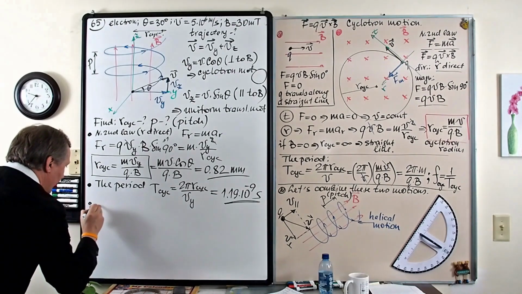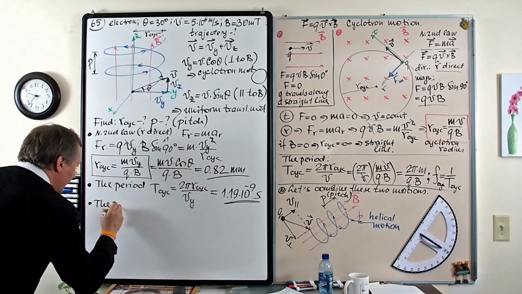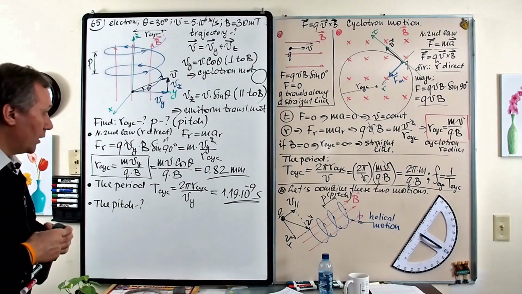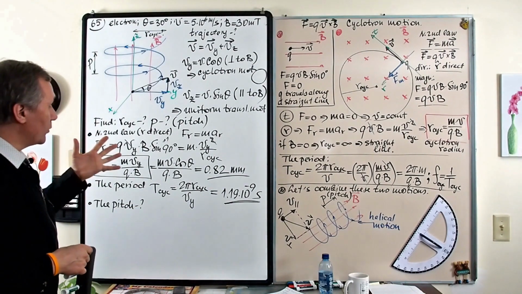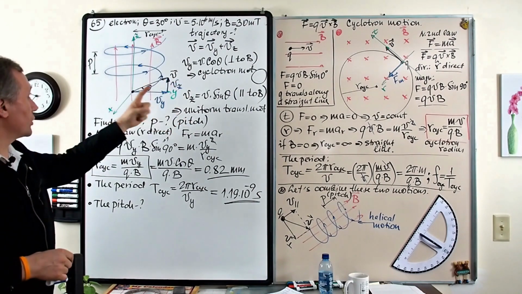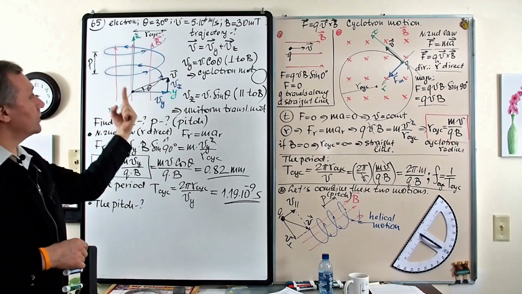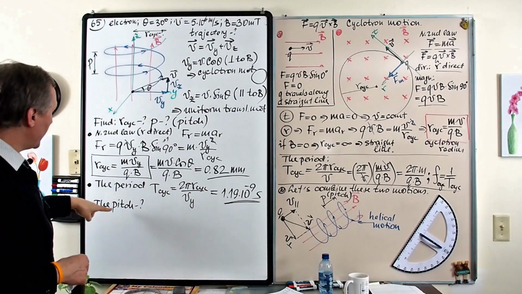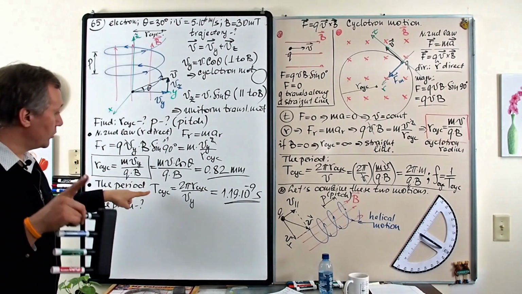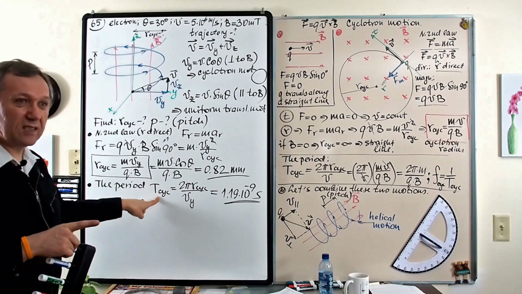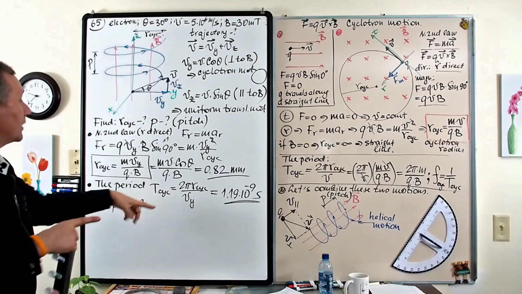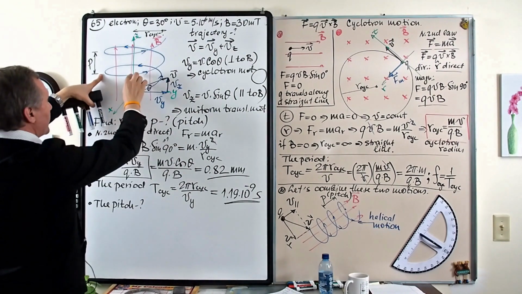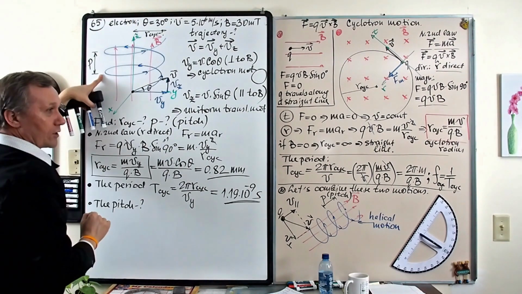And now we can find the pitch. Now you need to understand that here we have a superposition of two motions, right? This circular motion and uniform translational motion. If the time to complete one circle is T cyclotron, what happens with the particle in terms of motion in z direction?